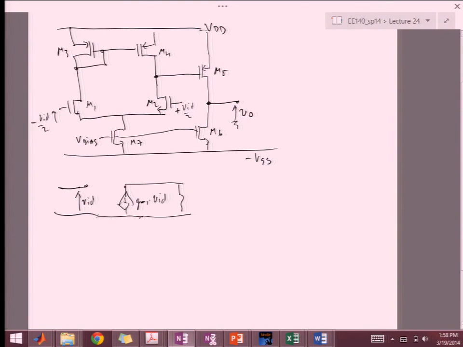If I look at the first stage, I have my output resistance as RO2 in parallel with RO4. So this is GM1 times ROUT1, and ROUT1 for the first stage amplifier. I'm not drawing transistor small signal models, but I'm drawing the amplifier small signal model, right?